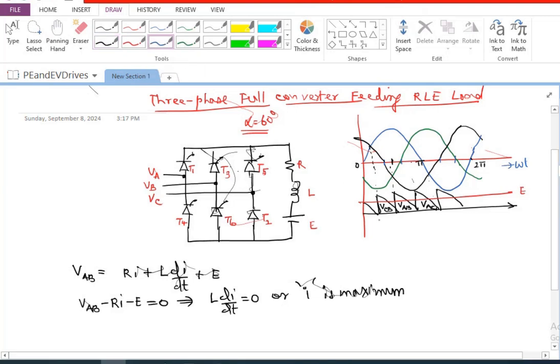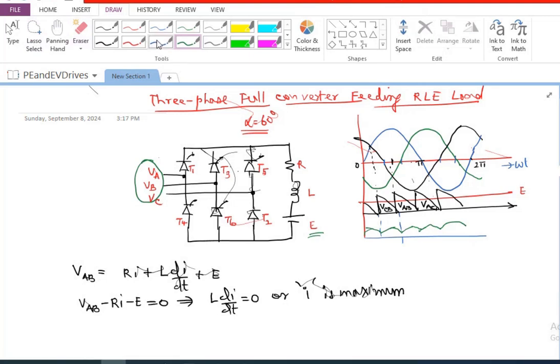The current would probably increase from a certain value and reach the peak somewhere like this, and then it will come down. Again, this will be the kind of current we will have depending upon how much is the inductance value, how much is the resistance value, how much is the battery voltage value, and how much is the peak of this supply voltage.